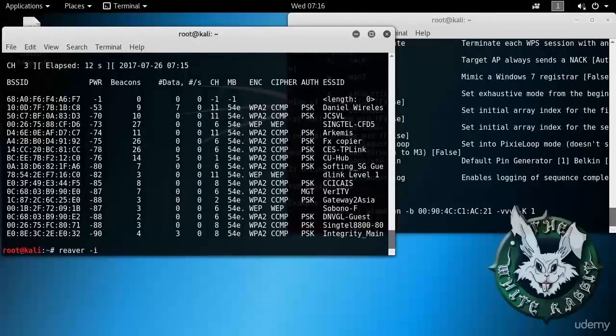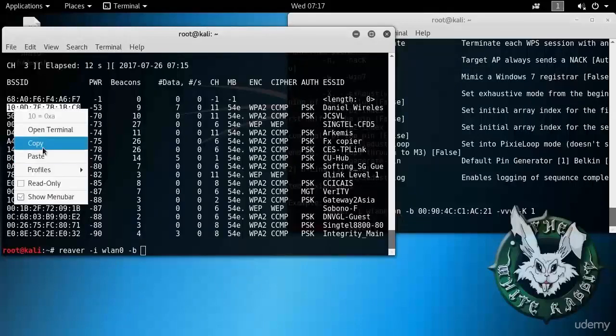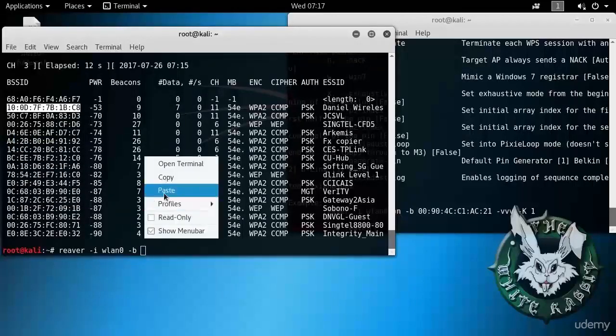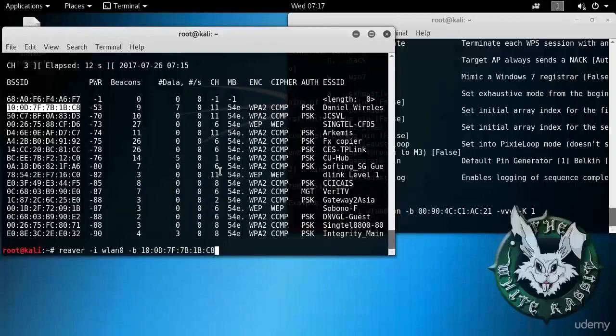But anyway, let's use the basic reaver with this wireless, then -i wlan0 -b. So as I mentioned, it's Daniel Wireless, which is this BSSID. Copy, paste, and make it verbose so we see what it's doing.